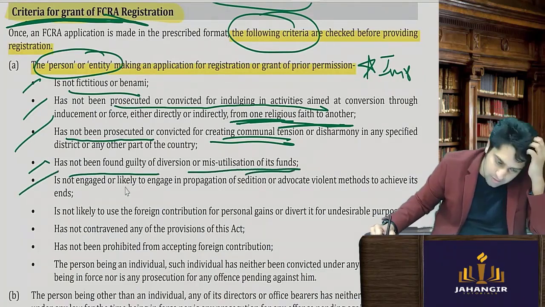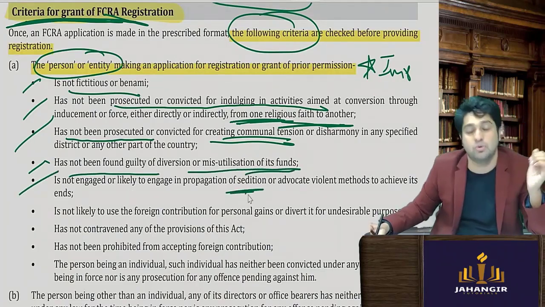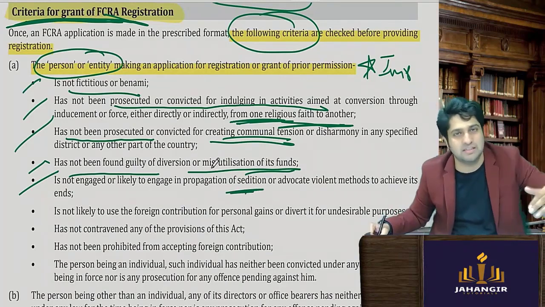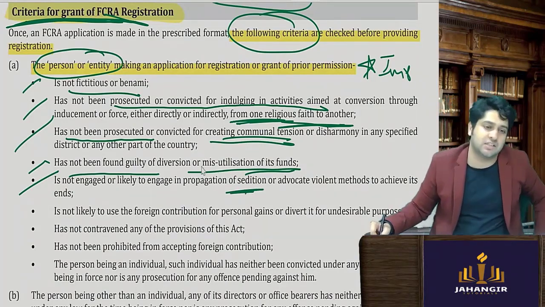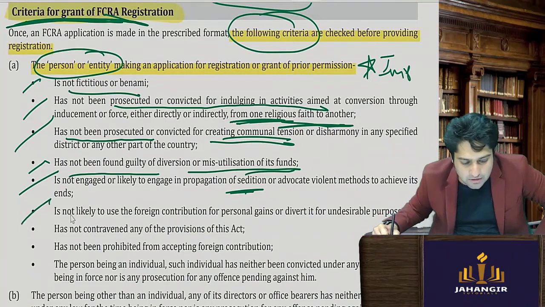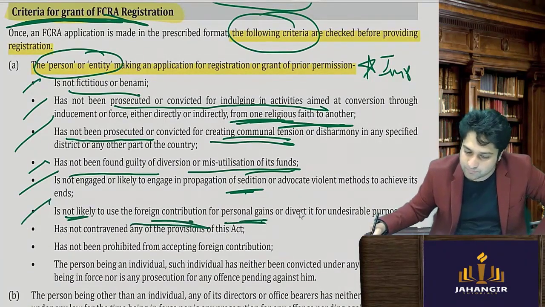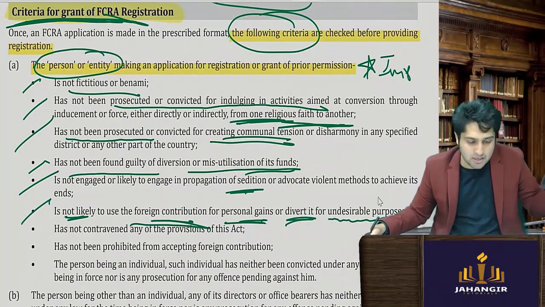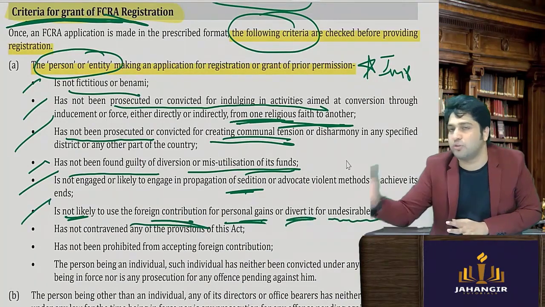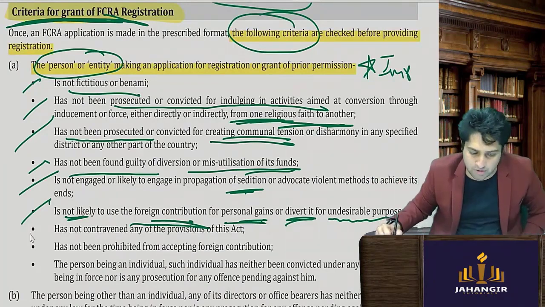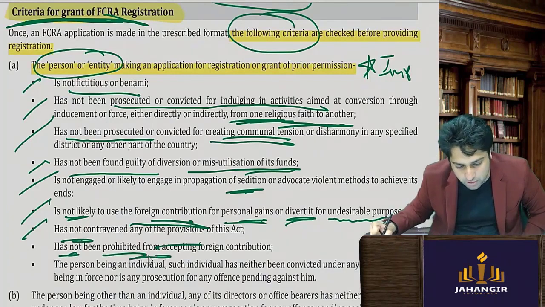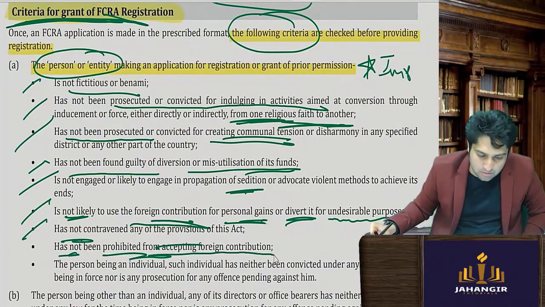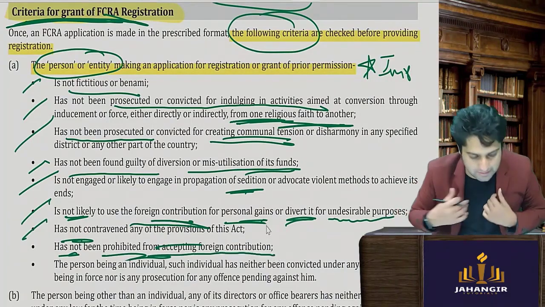Is not planning to do any sedition, means with the money they want to go against the government, so that is sedition. Is not likely to use a foreign contribution for personal gains or divert it for undesirable purpose. I take the money and I'm using it for some illegal purpose. If we find, then we will not give. Not contravene any of the provisions, not prohibited from accepting contribution, so they shouldn't be prohibited.